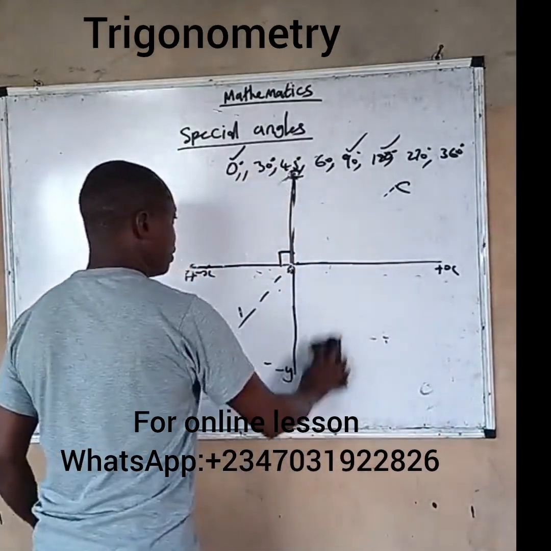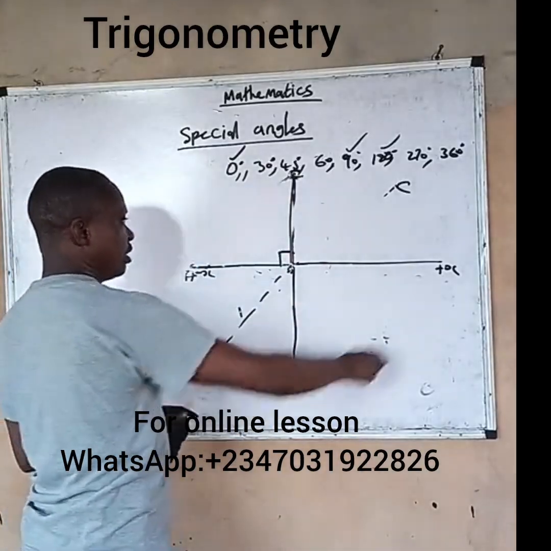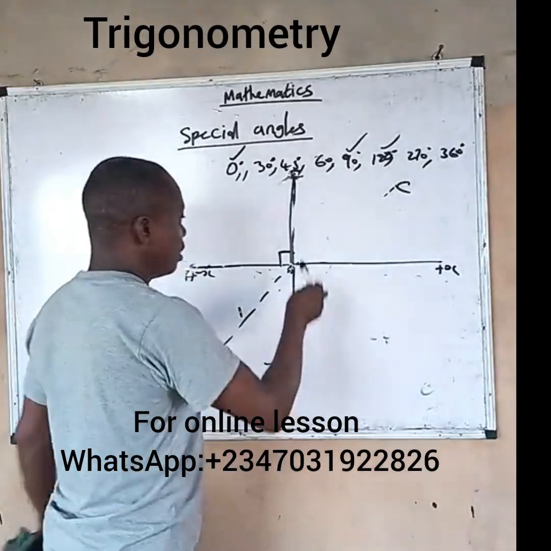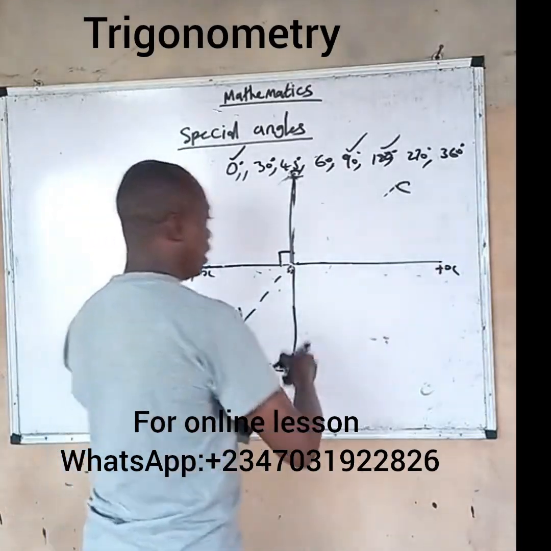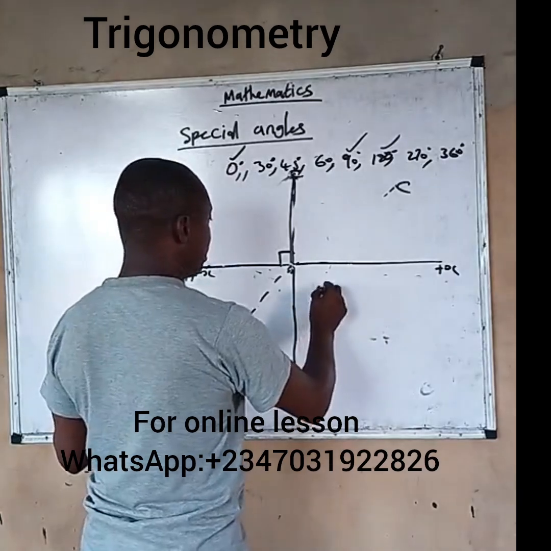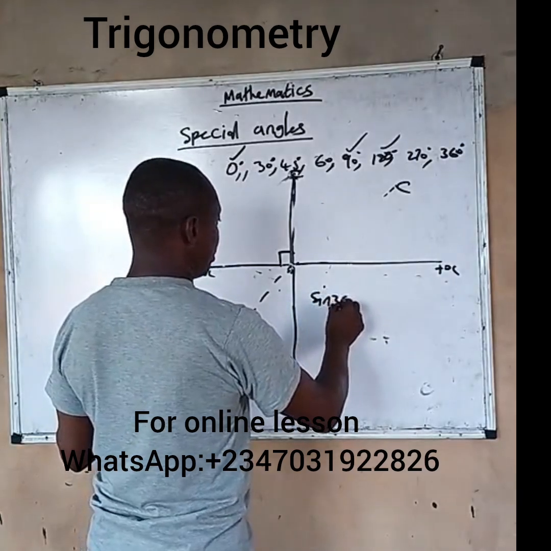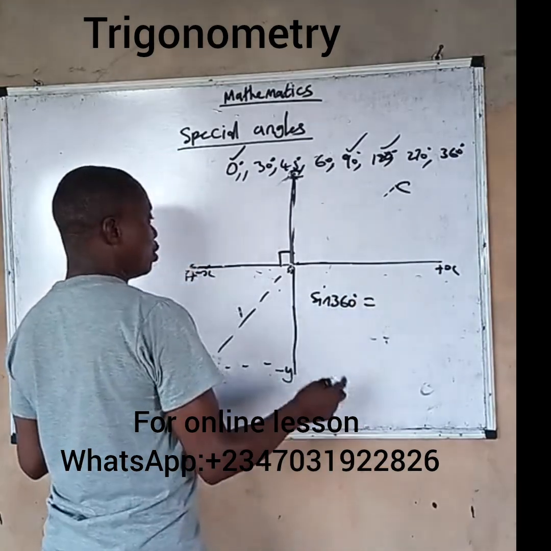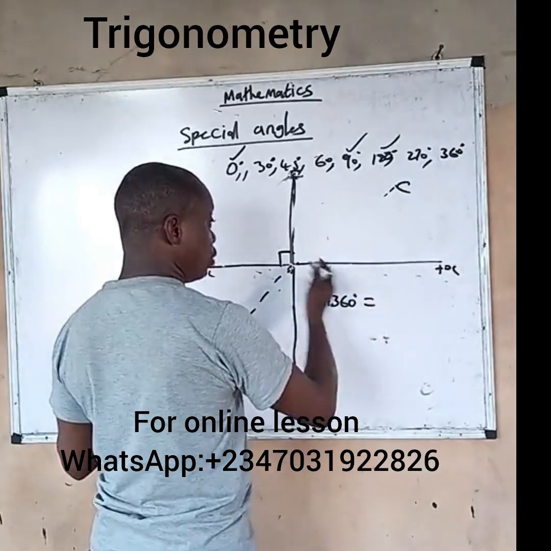So let's look at 360. That line AC, which was here, is now back here. Sine 360 degrees: there is no y component, so your y component is on this line now, which is 0.